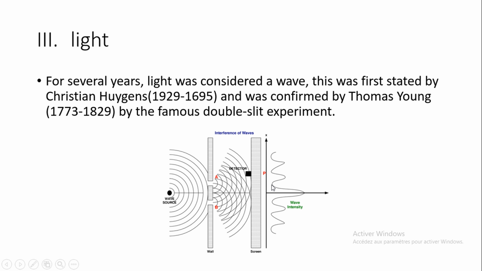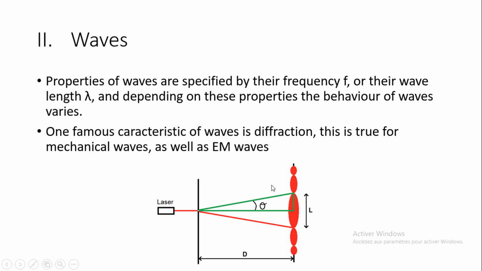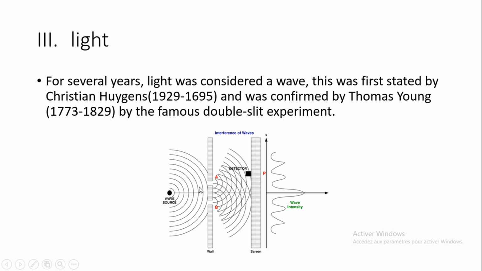So this is the same as the diffraction that we talked about here. So by this time we knew that light was a wave, and later by the theory of Maxwell, we built up stronger theories of electromagnetic waves, etc., that supported this theory.